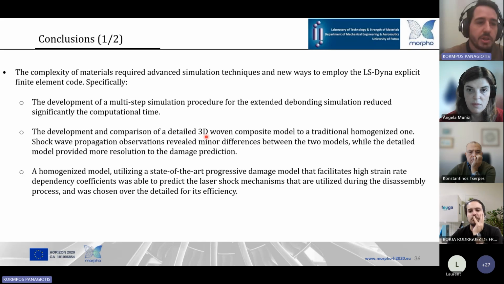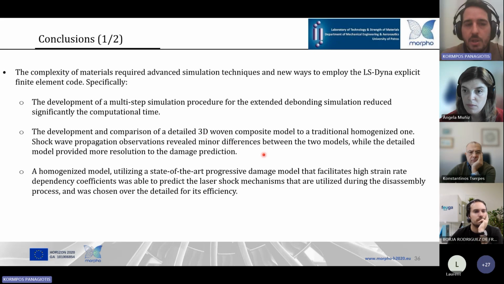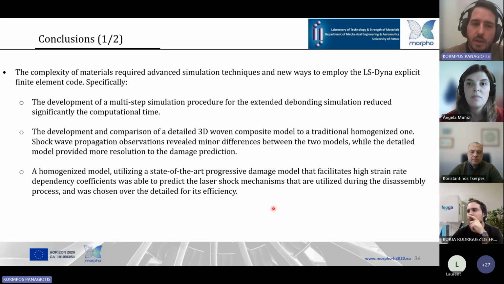The development and comparison of the detailed 3D woven composite to a traditional homogenized one, where shockwave propagation observations revealed minor differences between the two models, while the detailed model provided more resolution to the damage prediction. Finally, a homogenized model utilizing a state-of-the-art progressive damage model that facilitates high strain rate dependency coefficients was able to predict the laser shock mechanisms that are utilized for the disassembly of the FOD panel.